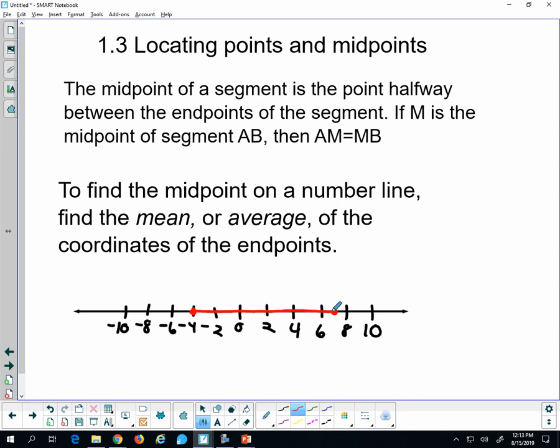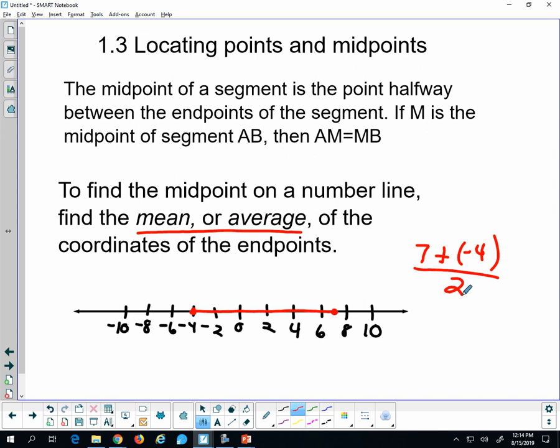But what this statement up here says is to find the mean or average of the coordinates. Well, how do we find the mean or average? We're going to take the 2 coordinates. So we have a 7. We're going to add those 2 numbers together. So 7 plus -4. And then we're going to divide that by, well, how many numbers are we adding? We're adding 2 numbers.